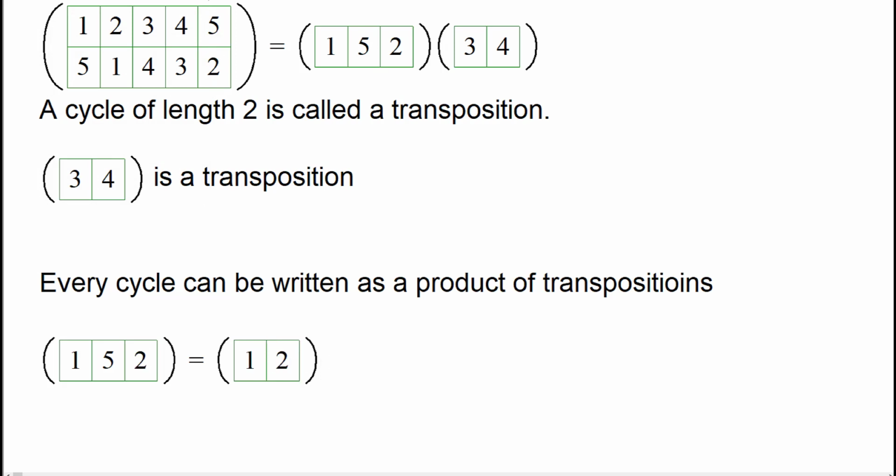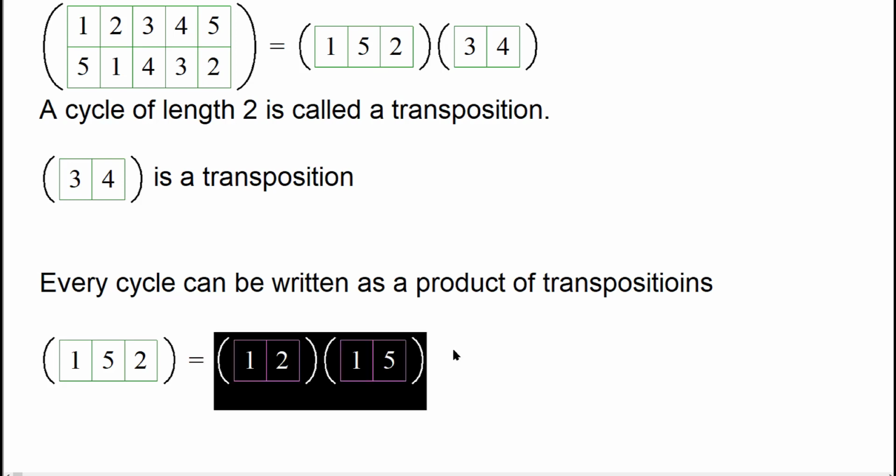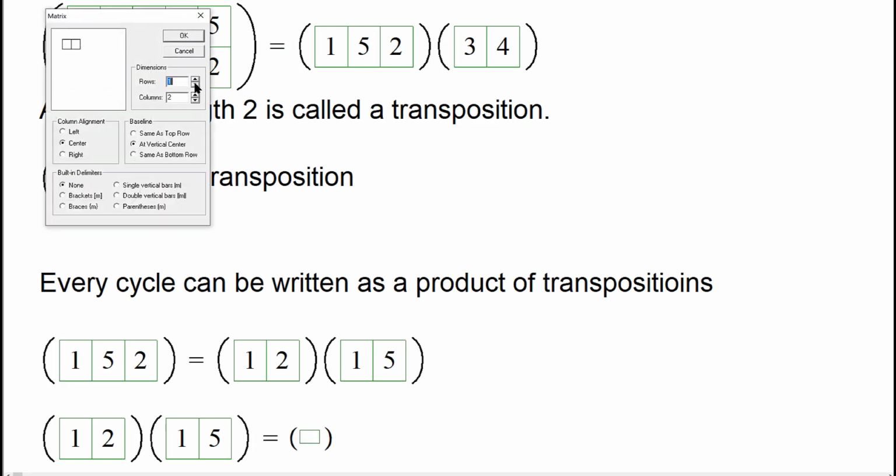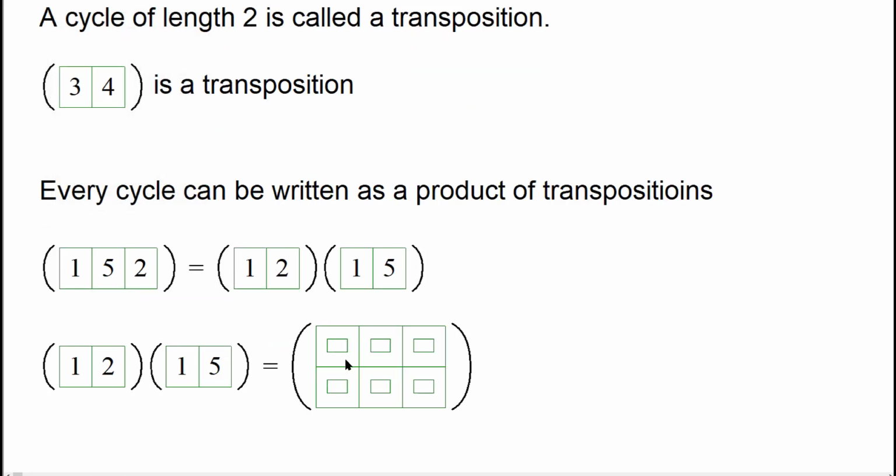We'll write (1, 2), and then we shall write (1, and then the next element on the left. Now, if you want, you can go ahead and verify by multiplying these two and seeing what you get. This is just an illustration, not a proof. The book does a good job of doing this proof for you.